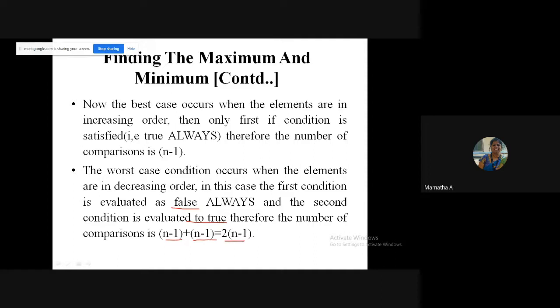That is again equal to 2n minus 2. So my target is to have a time complexity less than this for any case, best, worst, or average. I want to have comparisons less than 2 into n minus 1.